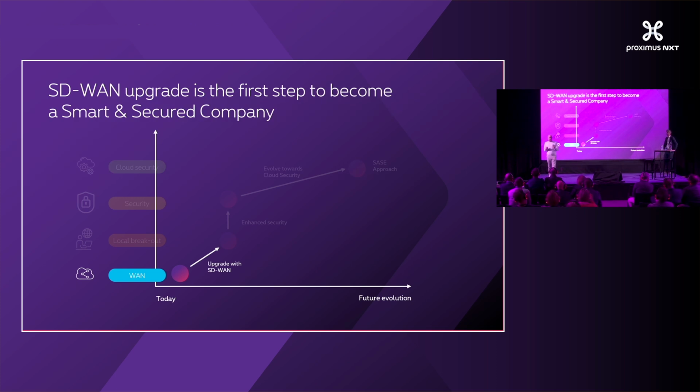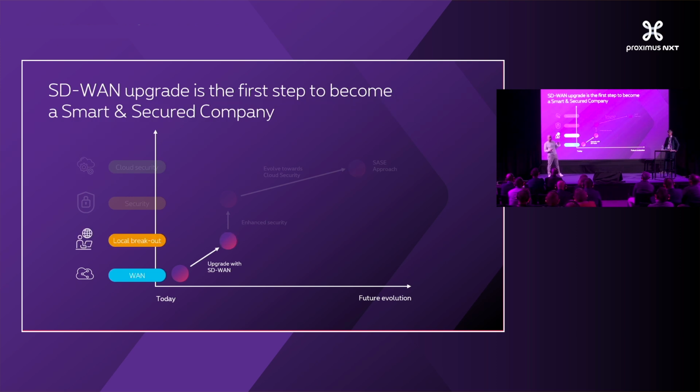So the first step is to migrate your traditional networks towards SD-WAN. You will then immediately benefit from being able to use multiple connectivity types, having a central management and monitoring platform, and of course the traffic steering, which will increase the user experience on your business applications.